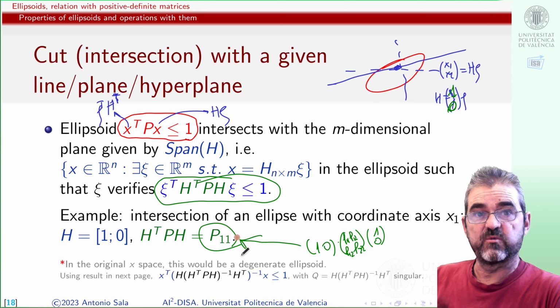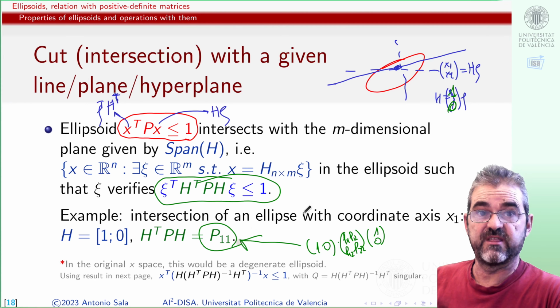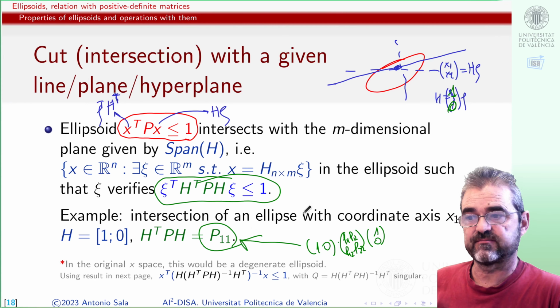So P11 will be the P matrix of the ellipsoid describing the cut with the horizontal axis, but of course in one dimension, where the ellipsoid is just an interval. We'll see in Matlab. And P22 will be the cut with the vertical axis.